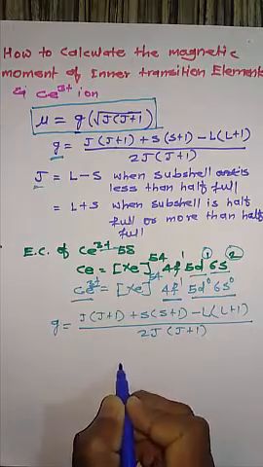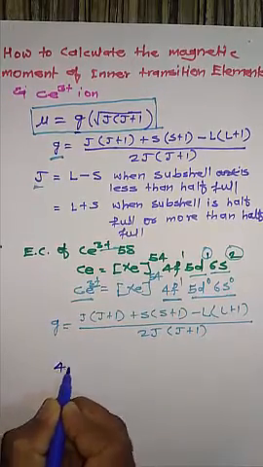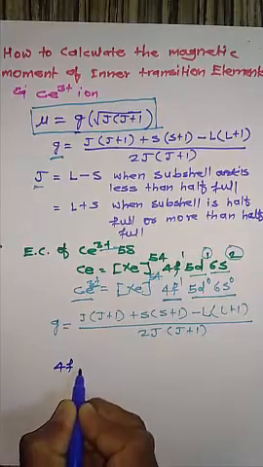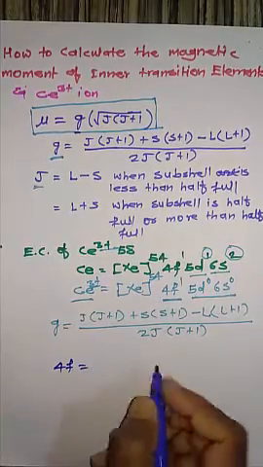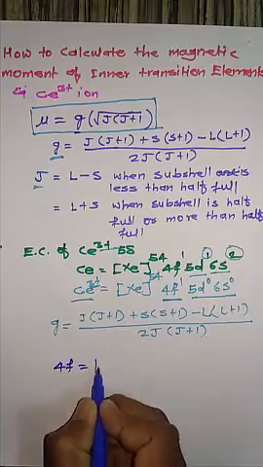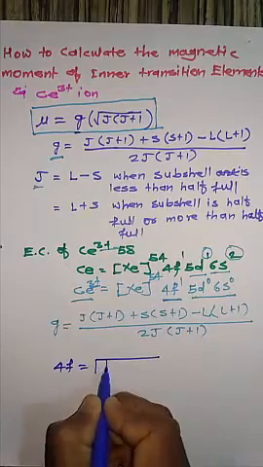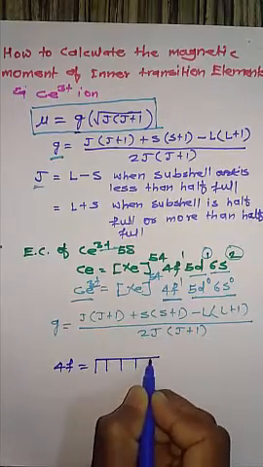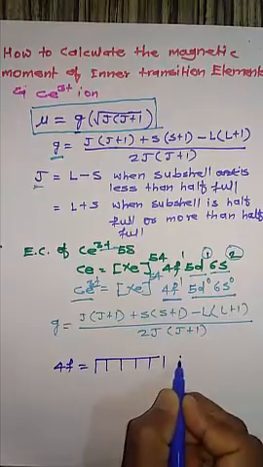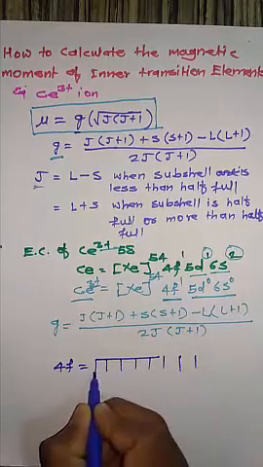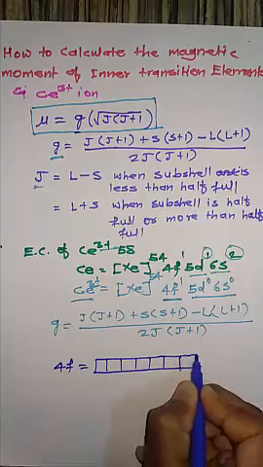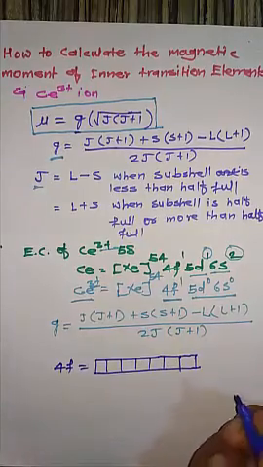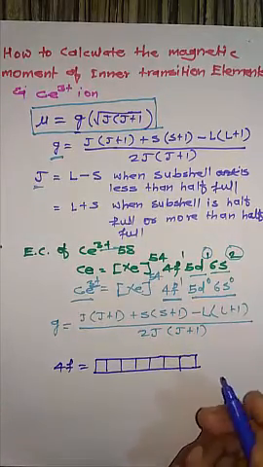We know that the 4f subshell has 7 orbitals: 1, 2, 3, 4, 5, 6 and 7.